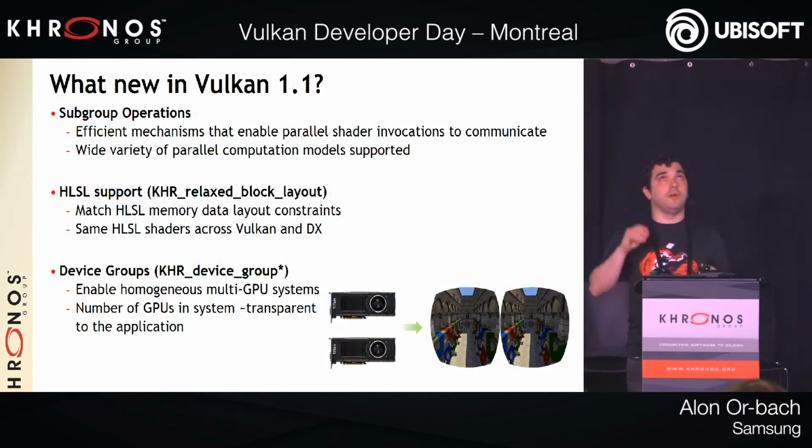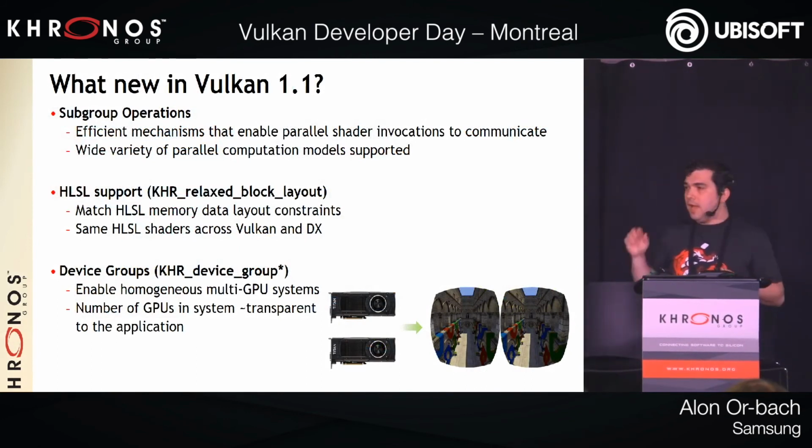So what's new in Vulkan 1.1? Vulkan 1.1 was primarily wrapping up a bunch of extensions that we developed across the year, but there are a couple of brand new bits of functionality in it. One of them is subgroup, which I mentioned Daniel will talk about later, being able to enable parallel shader invocations. That's a key feature that developers pushed for, and we believe we delivered.